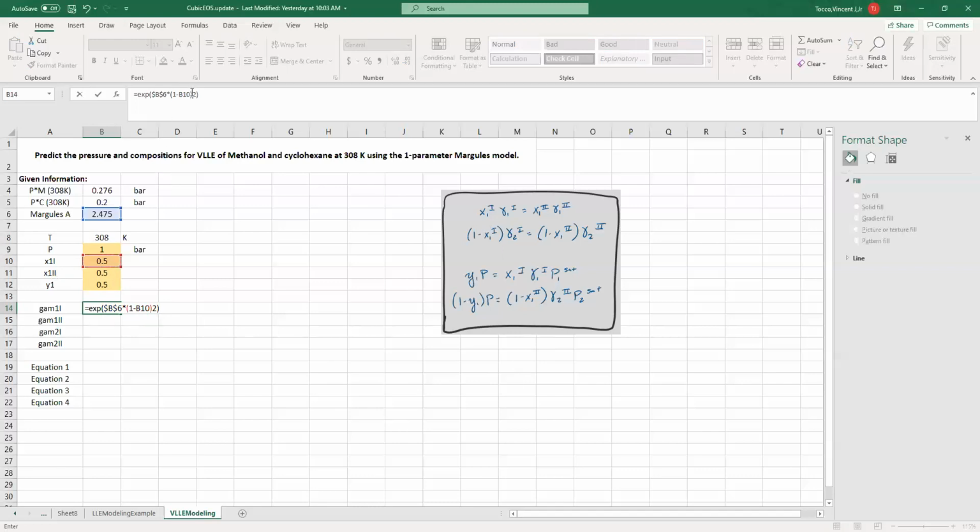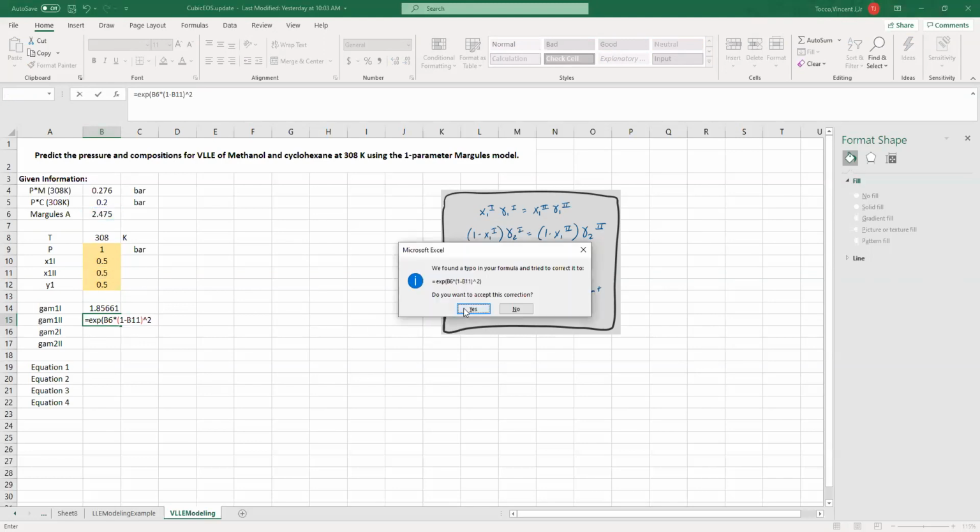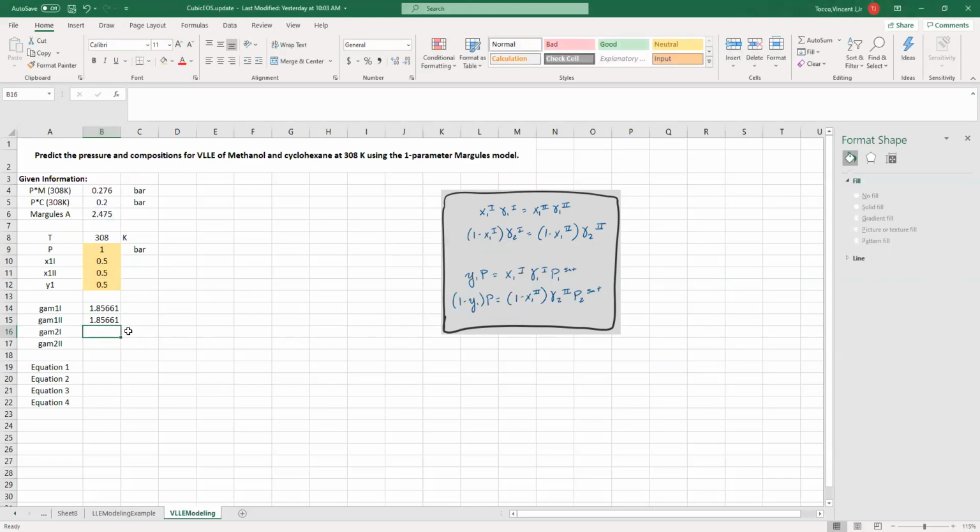And I need the caret there to raise it to the power 2. Okay, gamma in that range is acceptable. ln of gamma 2 for phase 2 is similarly the exponent of A times 1 minus x1 from phase 2 squared. And I forgot to close out my parentheses, so accept that correction.